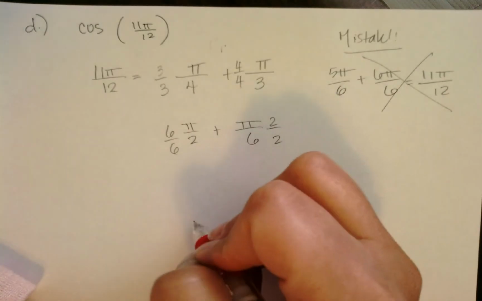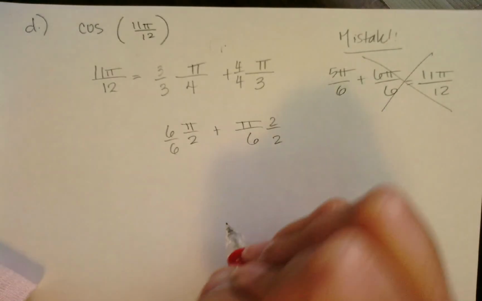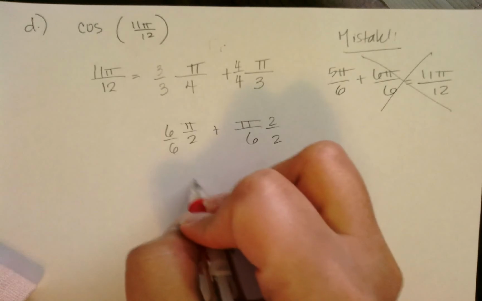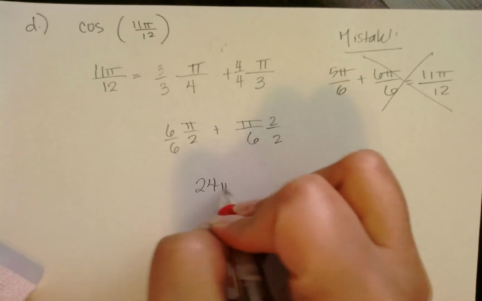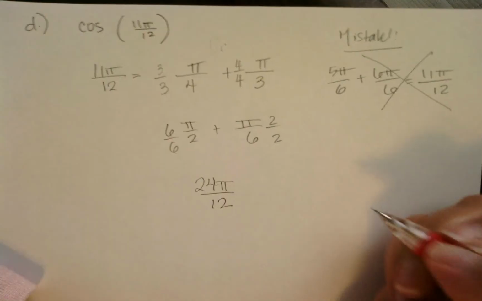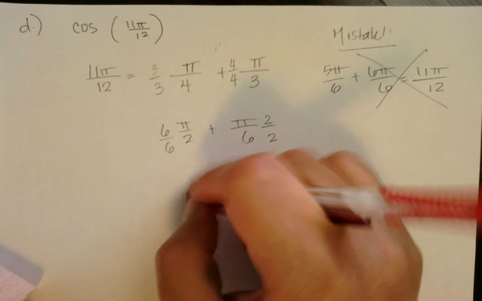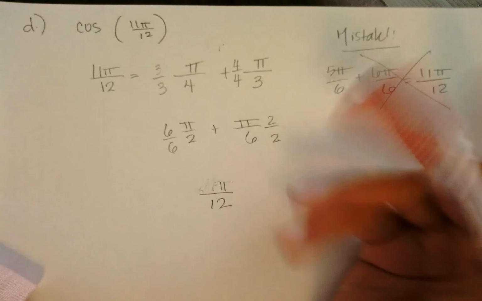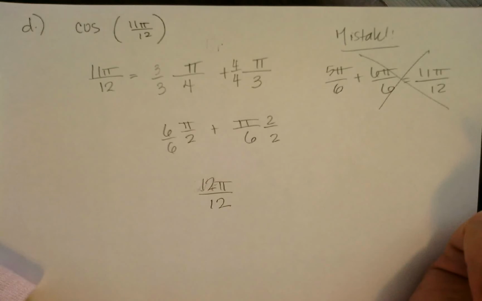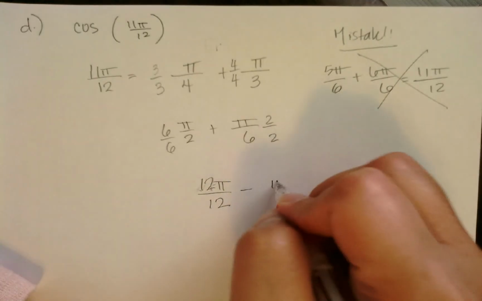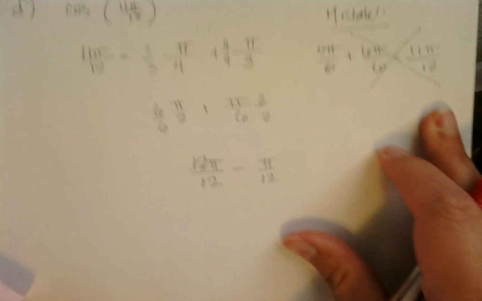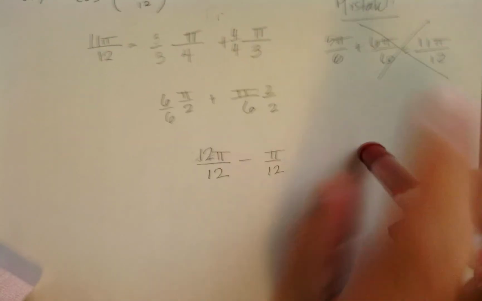So if I did subtraction, I'm just trying something, guys. 12 pi over 12, that's 1 pi, right? Minus 1 pi over 12. But that's not famous.